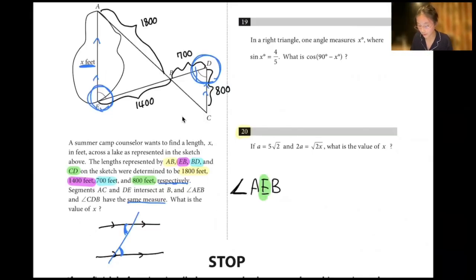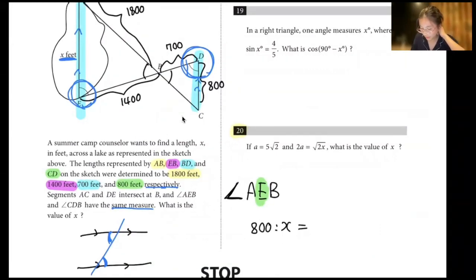First, we know 800 to X. So those are the vertical lines. I'm talking about the vertical lines right now. These lines are here, right? 800 to X. And then next, since it intersects at B, we use 700 to 1400, because as you can see, we're going to use the 700 from the 1800 triangle.